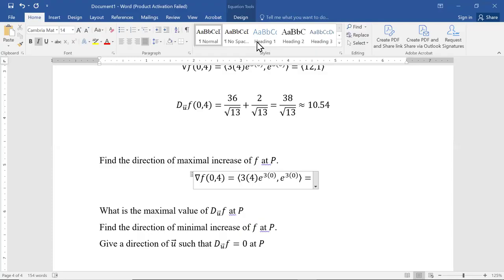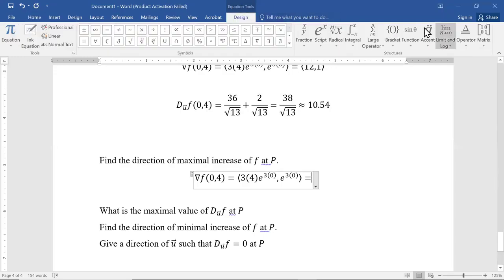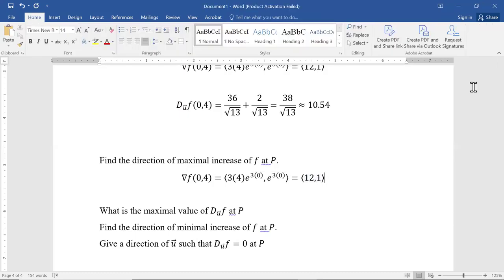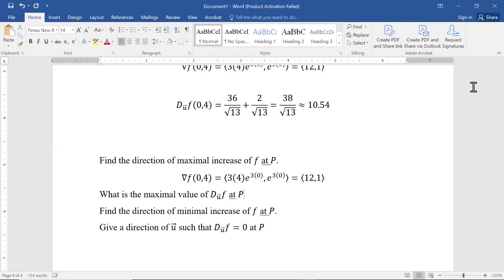I am ending up with 12, 1. So that's the direction of maximal increase. If we're traveling from point P in the direction vector of 12, 1, I get maximal increase. That's the direction of maximal increase.